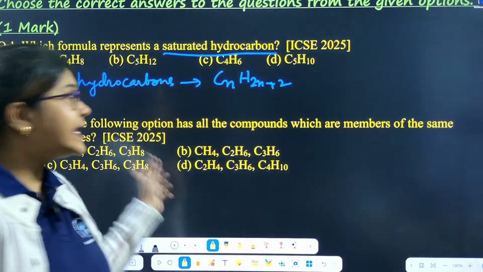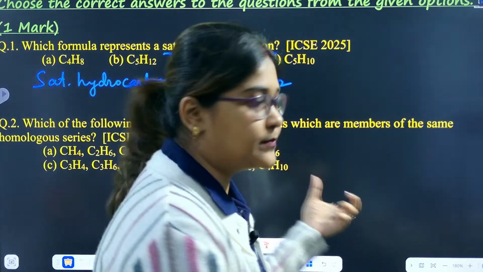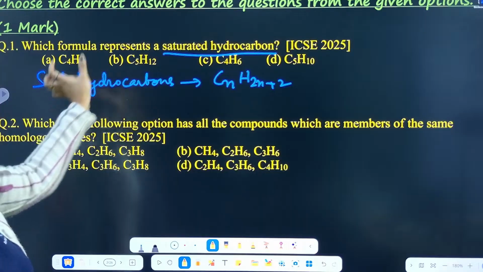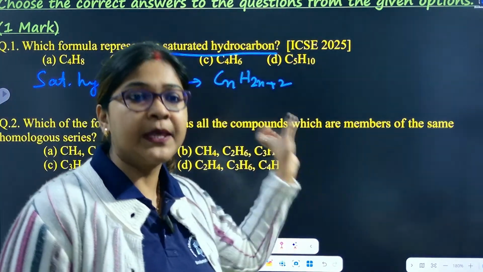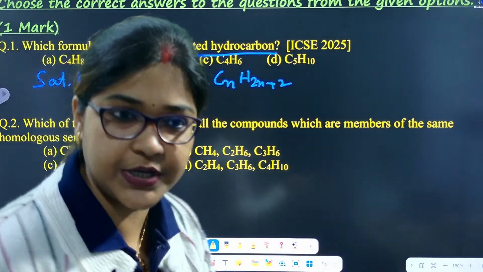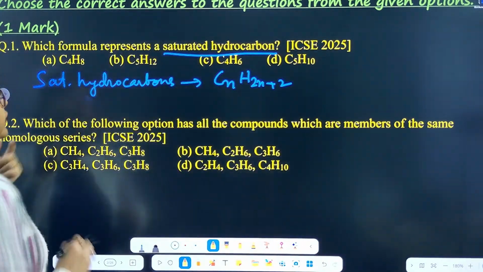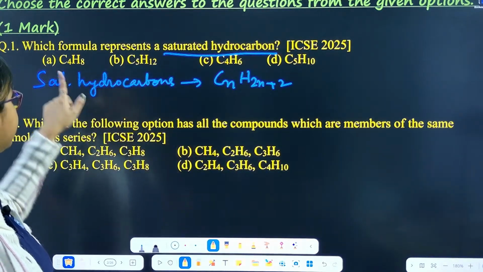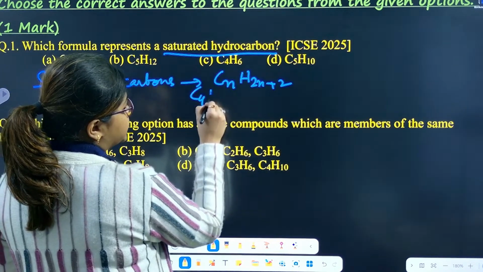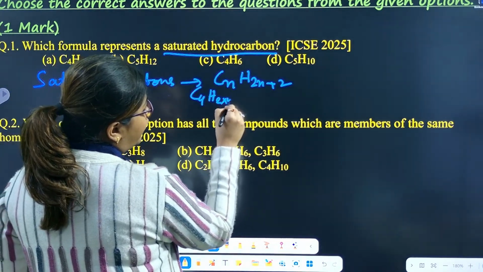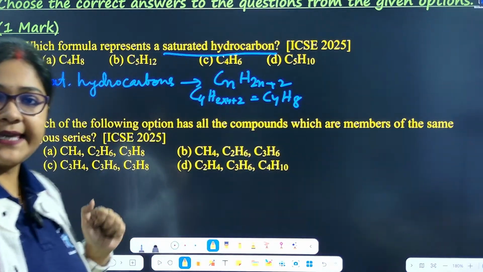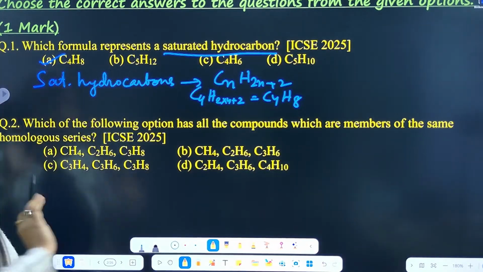So alkanes represent saturated hydrocarbons. If you take the 4 options and try to fit them in this formula, whichever fits the given formula will be an example of a saturated hydrocarbon. The first one is C4H10. If n is 4, what is the formula for saturation? 2 into 4 plus 2.